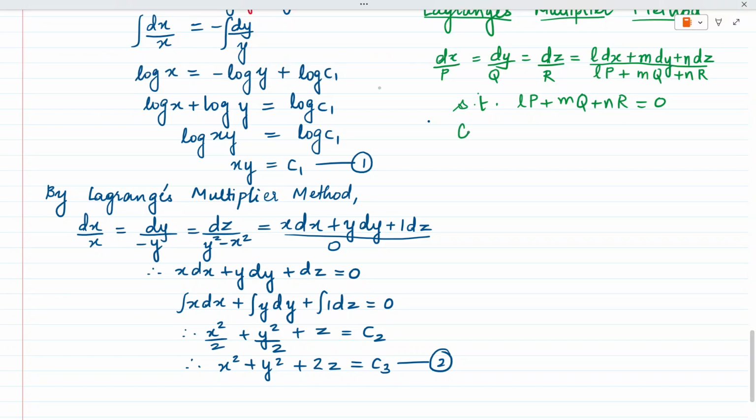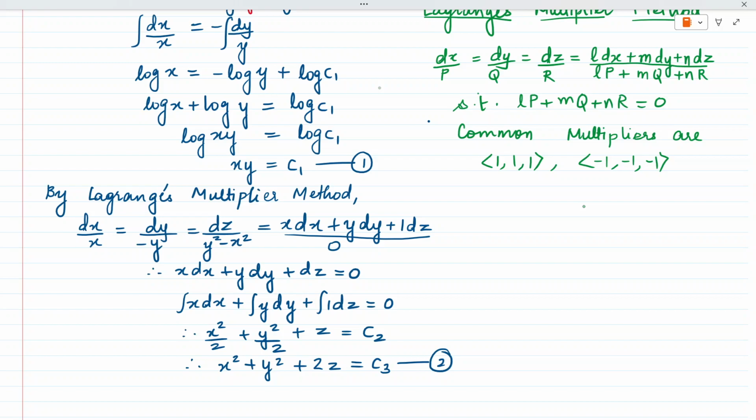The common multipliers are: we have either 1, 1, 1, or you can have minus 1, minus 1, minus 1, or you can have a combination.